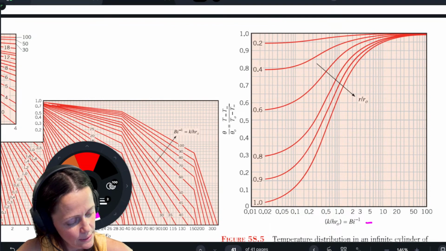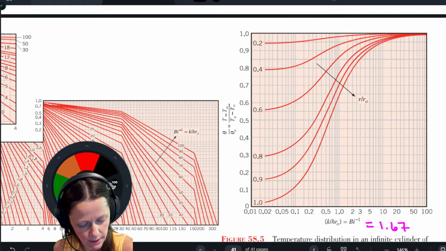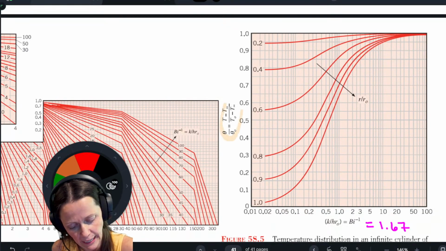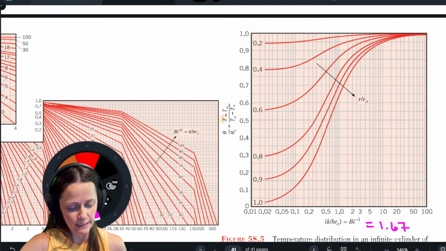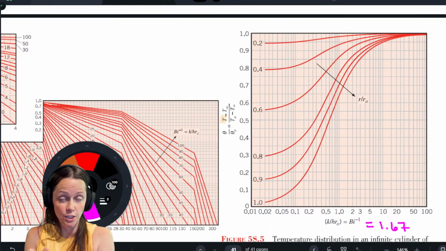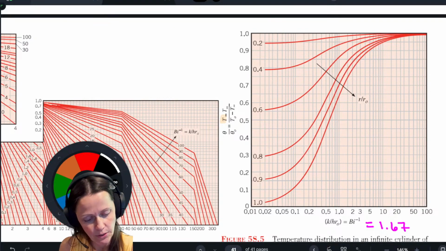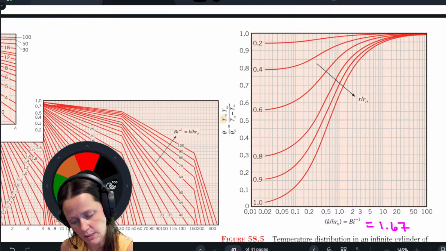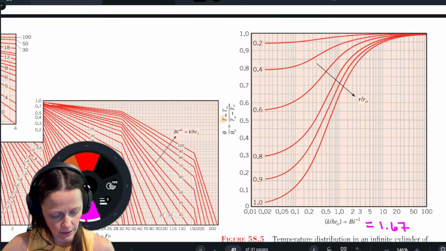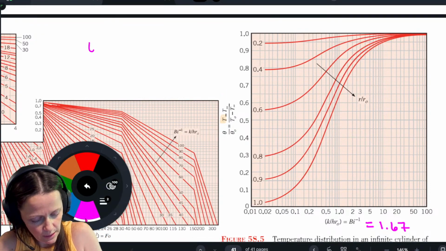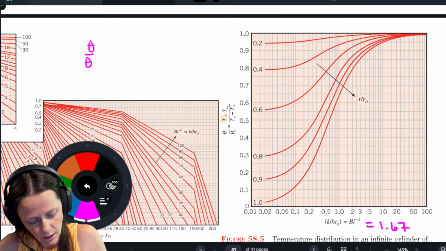So this is our inverse Biot number. Looking at what we have over here, this guy is the temperature that I know, the temperature at the surface. Okay, let's plug this stuff in. My mouse is going to drive me crazy. So it's theta over theta naught.